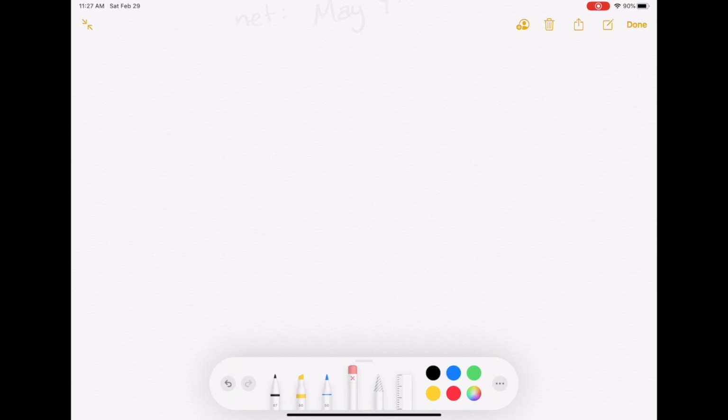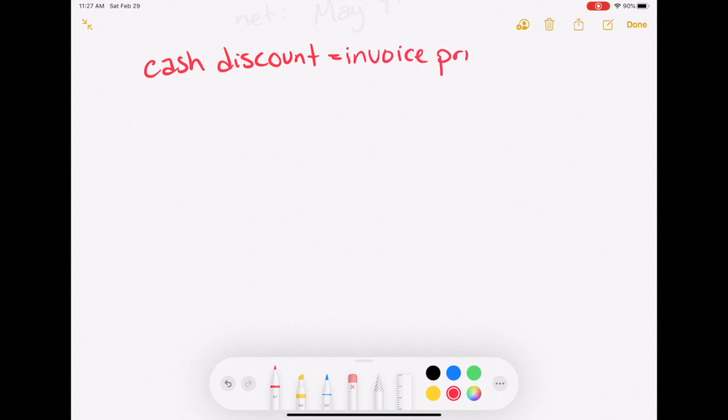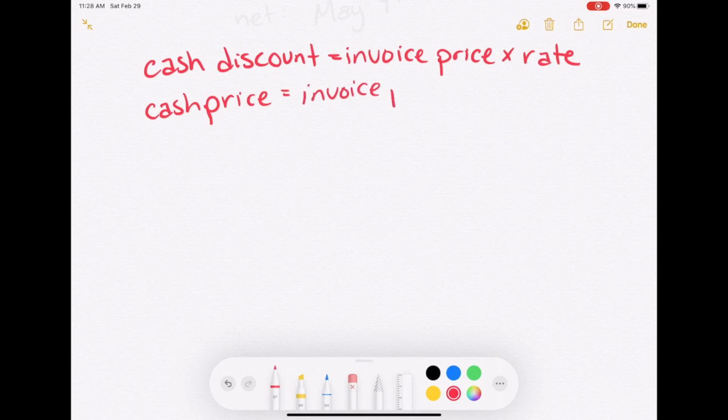So if we are receiving a cash discount because we're paying early, the equation for that is cash discount equals invoice price times rate, and then the cash price that we actually have to pay the vendor would be invoice price minus the cash discount that we calculated above. What's given to us in the problem is the invoice price.